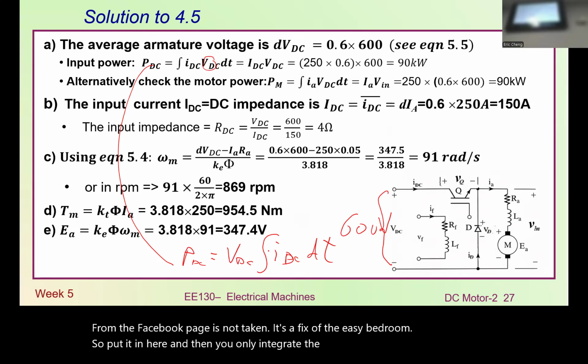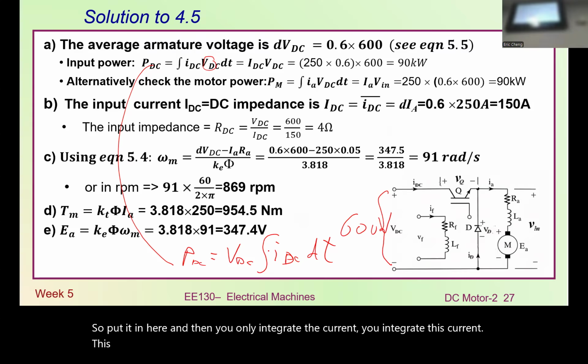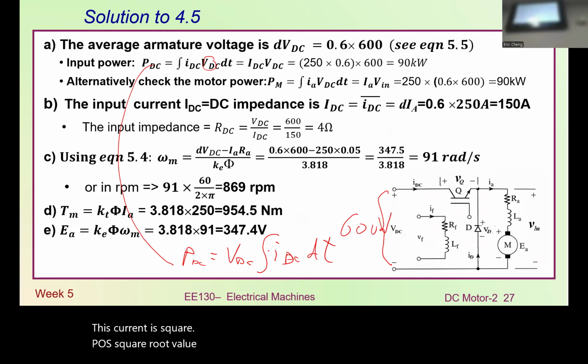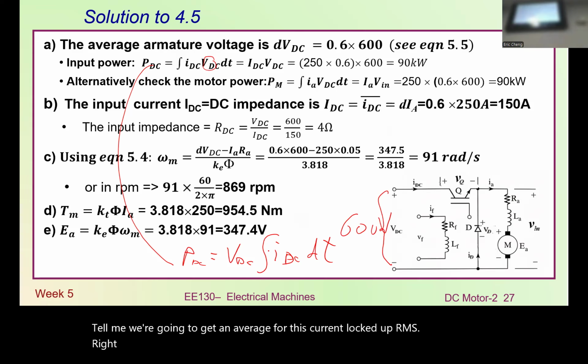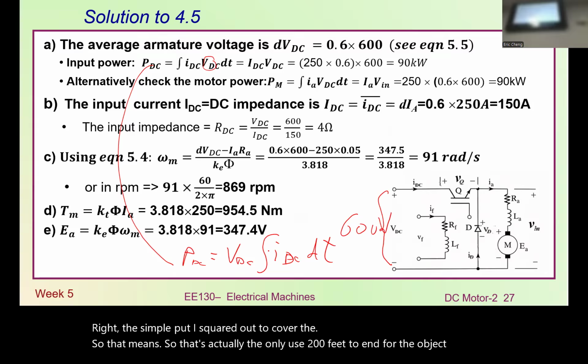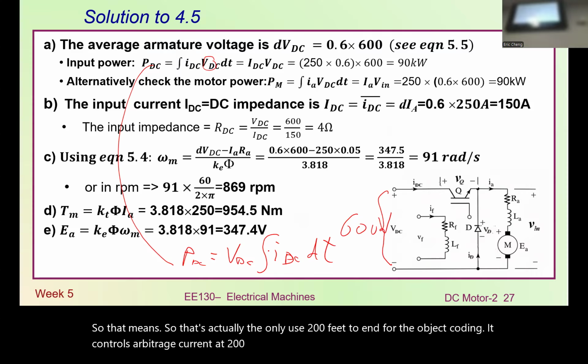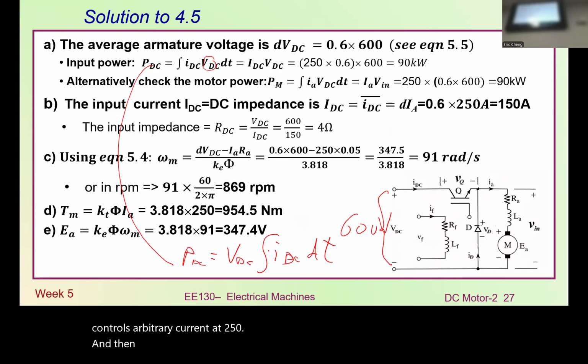Integrate this current. This current is a pure square wave. When we integrate this current, we get the average of this current, not the RMS. Right? It's a simple integral, we did not put I square R to get a charge. So we only use 250 amp for the armature current. We control the armature current at 250, and then multiply by its ratio. That's the average.